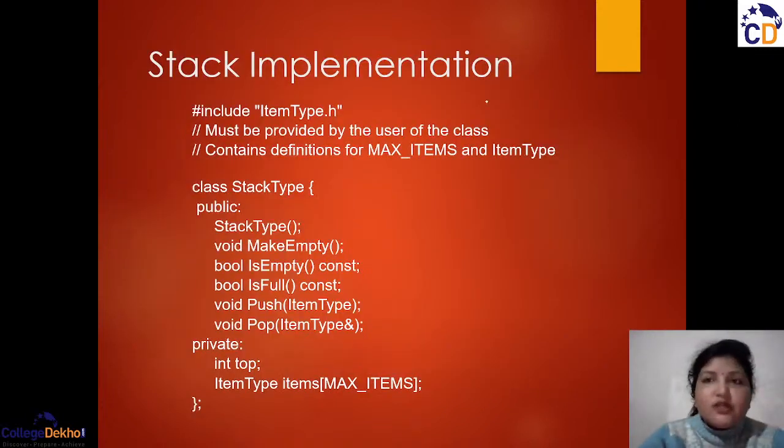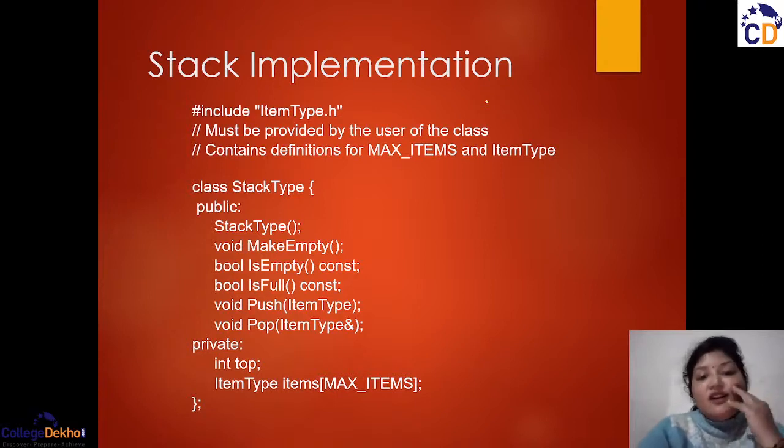So I will be using some syntax or functions while implementing the stack data structure. First of all, we have included one header file, that is item type, and then we have taken a class of stack type. In this class we have specified the member functions.